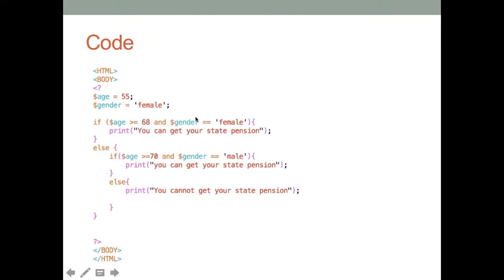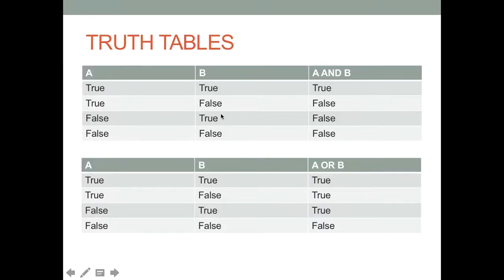This truth table tells us what the overall result is if A and B are true. So if A is true and B is true, then the result of that whole statement is true. So A and B is true, so the code in that if statement would run.